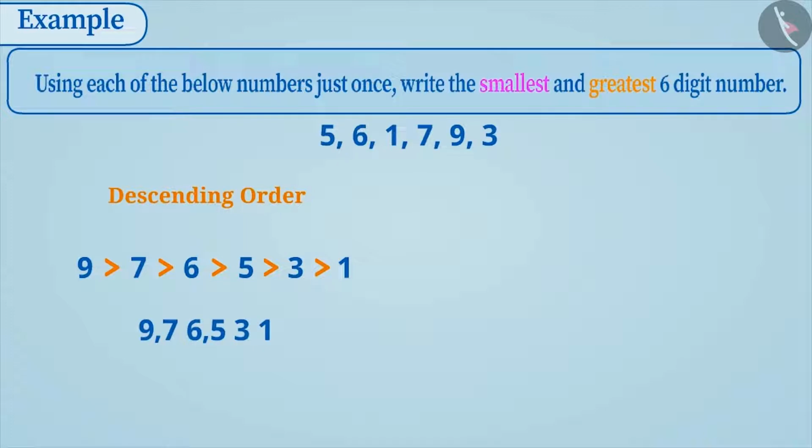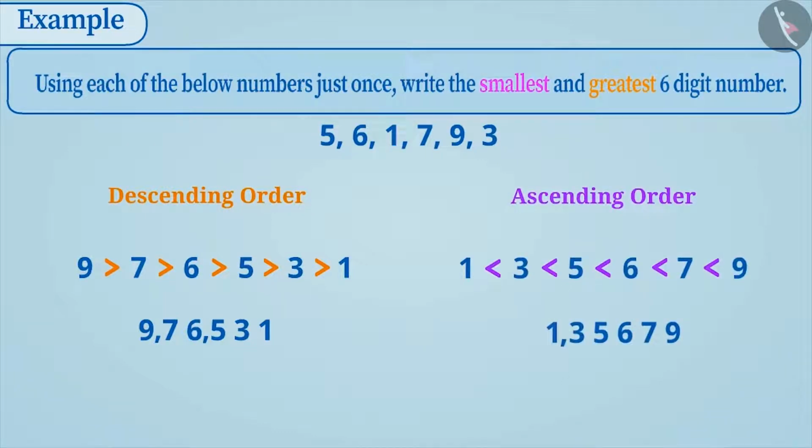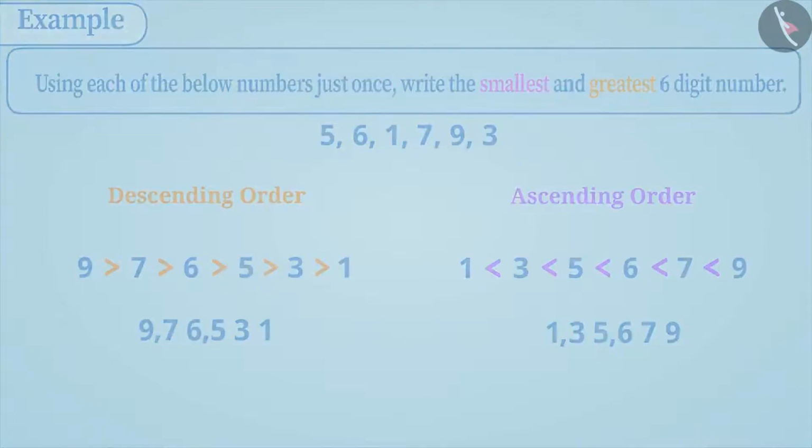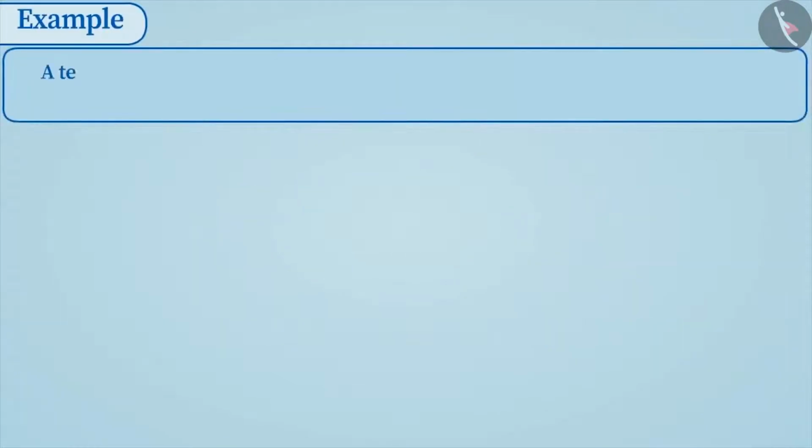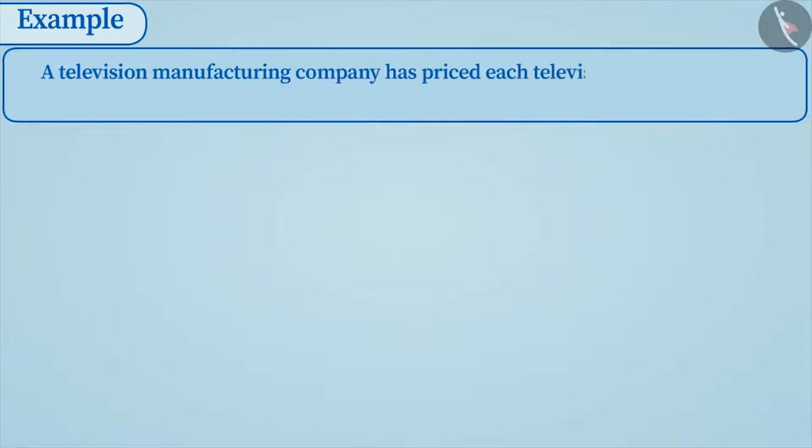Similarly, to get the smallest number from the given digits, arrange the numbers in ascending order. This will give us the smallest number, 1,35,679.